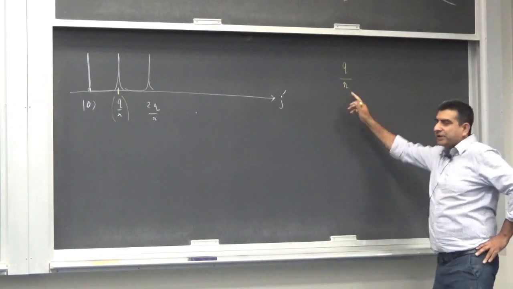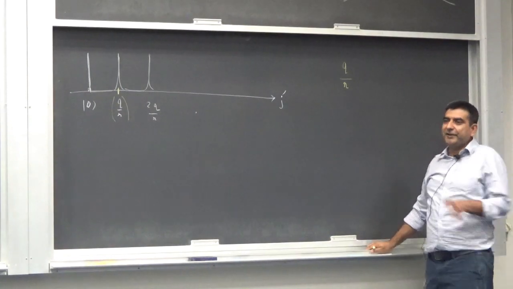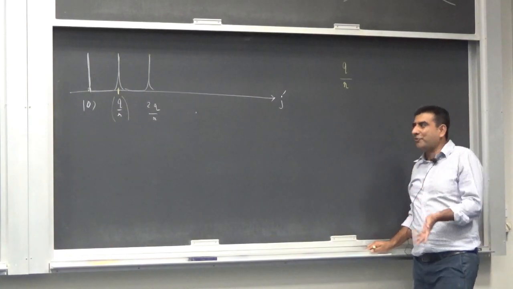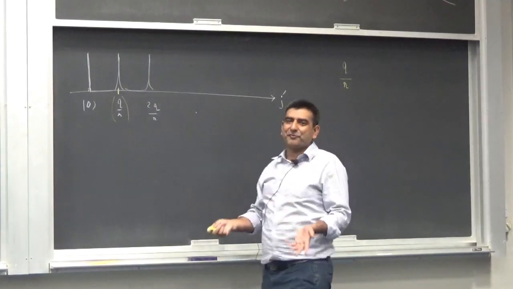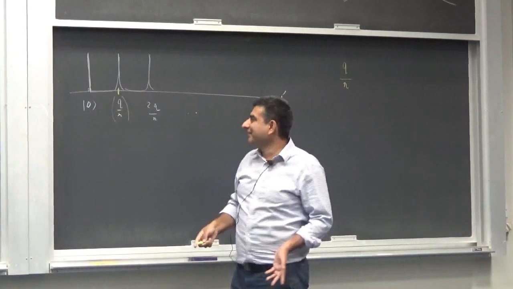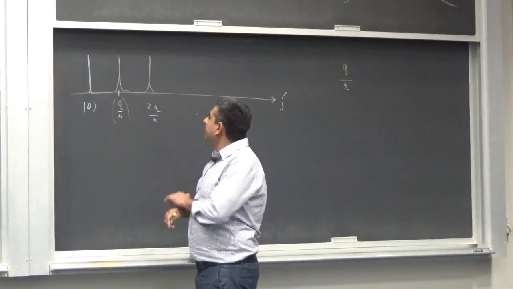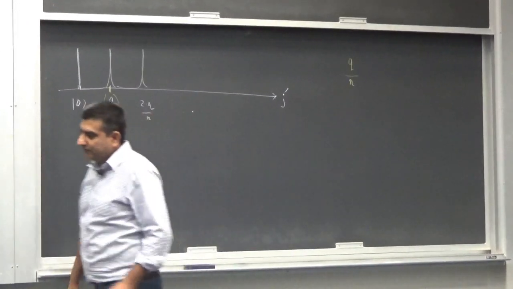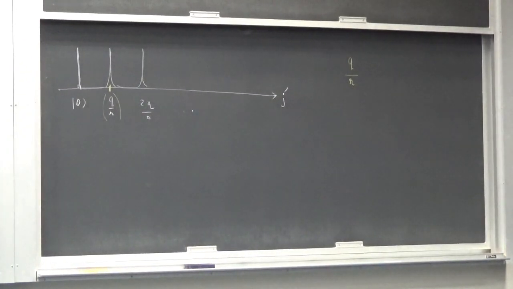From this I need to extract R, but I really don't know whether it's Q over R, or 2Q over R, or 3Q over R. So how do I extract R from this?